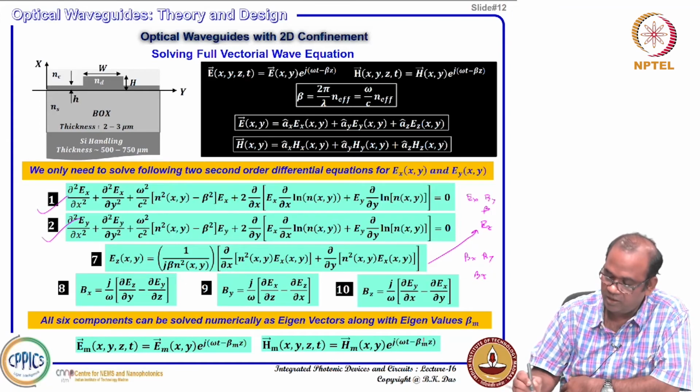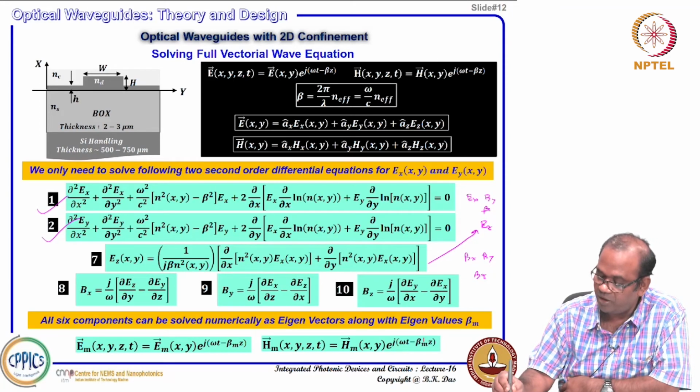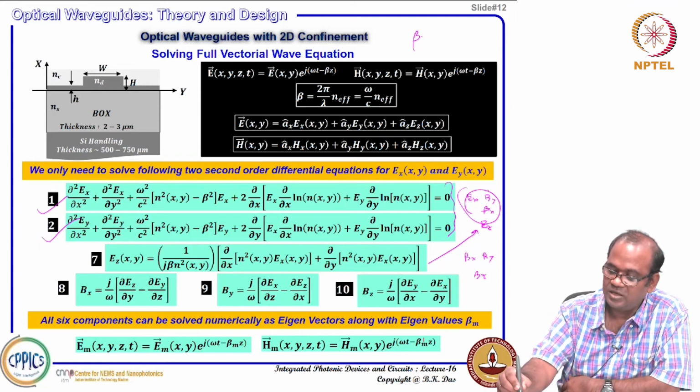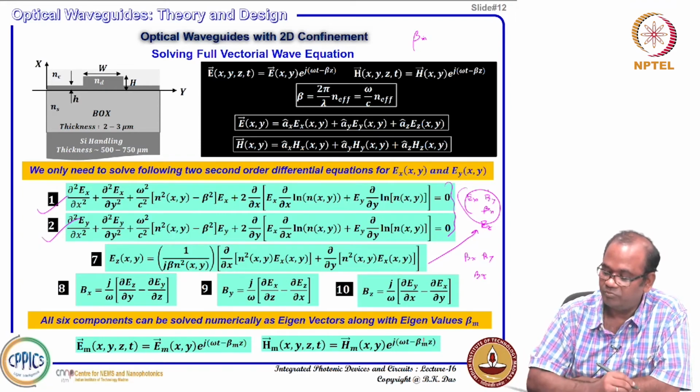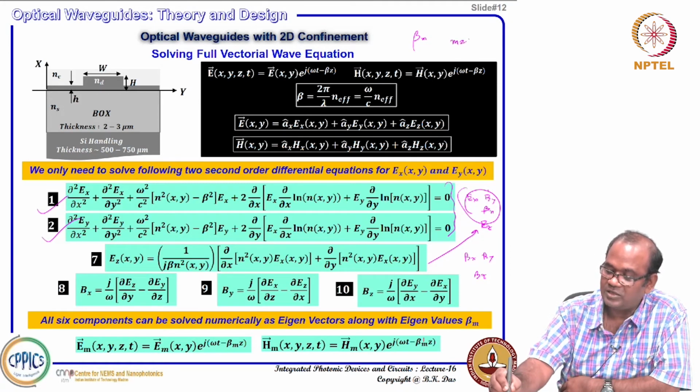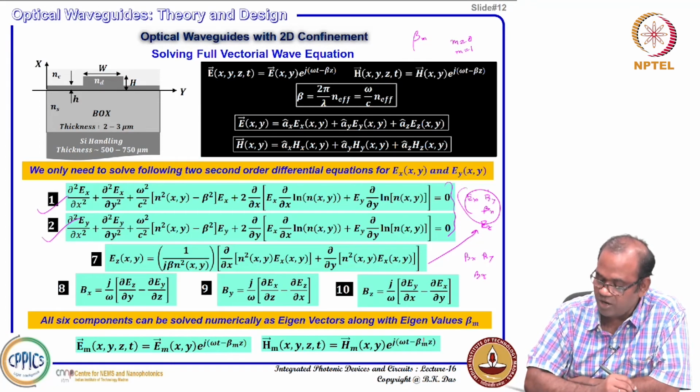All these you will be getting for a particular solution beta, because when you solve this you will be getting a series of values. So, a series of values you can index them. You can index them as beta m, propagation constant is beta m. M can be, the first one you can assign as 0 and the second one, like in a 1D waveguide, you can assign as 1 etc.